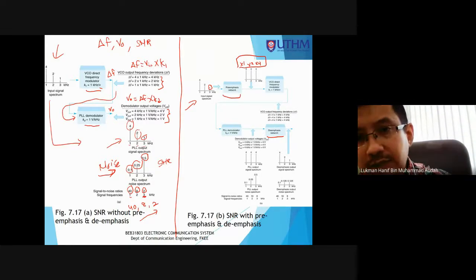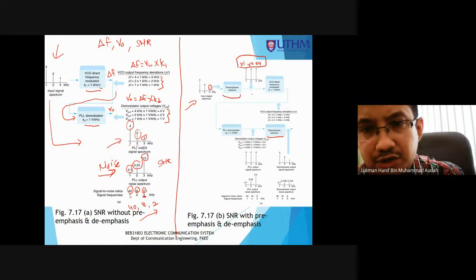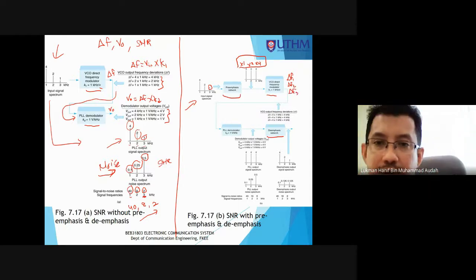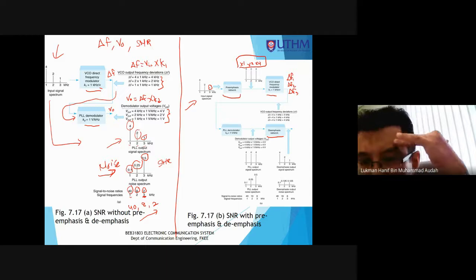So you see that this is put inside the VCO. Output from VCO we're going to get delta F1, delta F2, and also delta F3. So what is the output delta F?